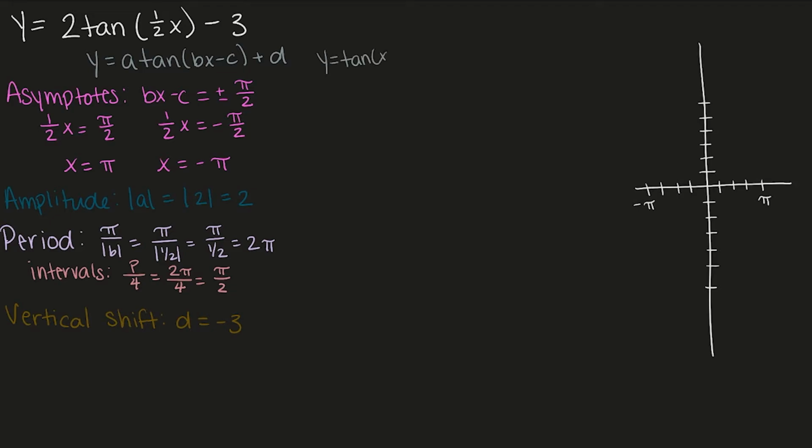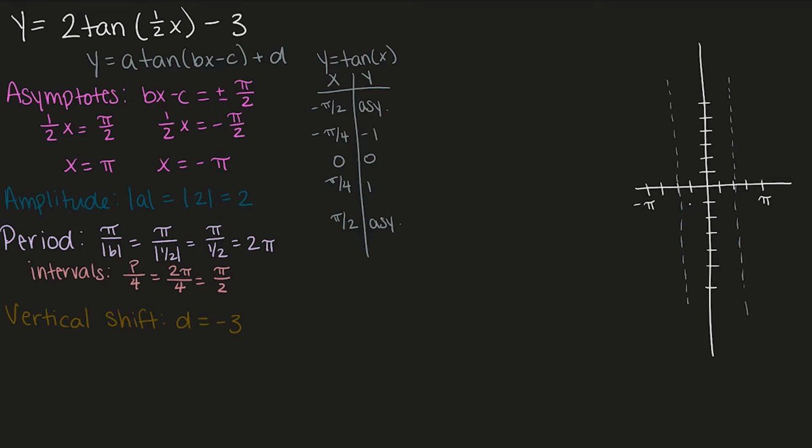Here's our table of values and graph for our parent function. Let's look at what our transformations look like for a transformed function, starting with our table of values.